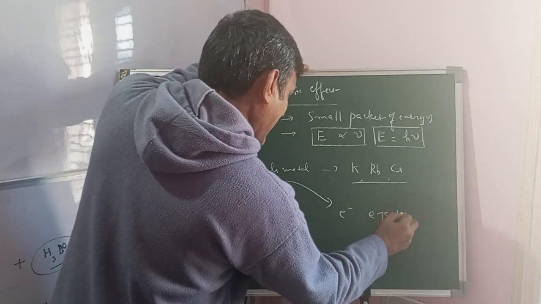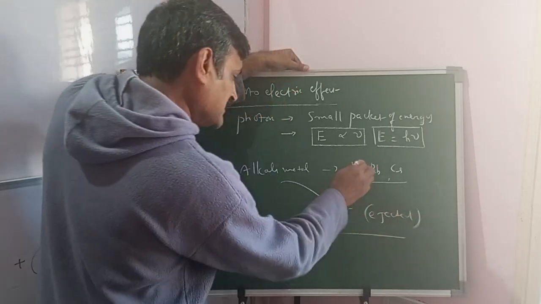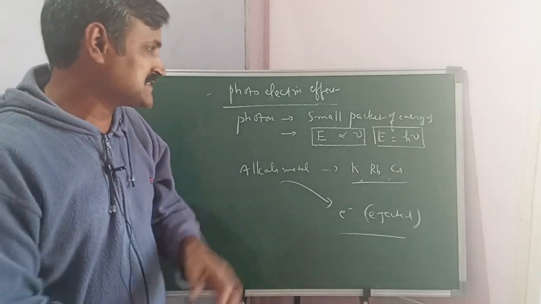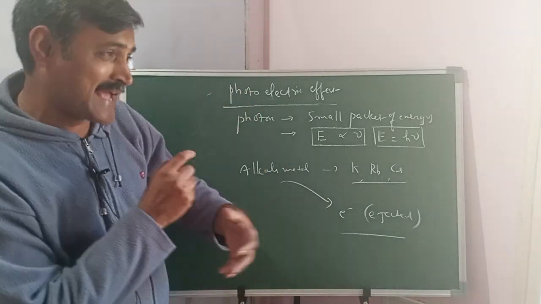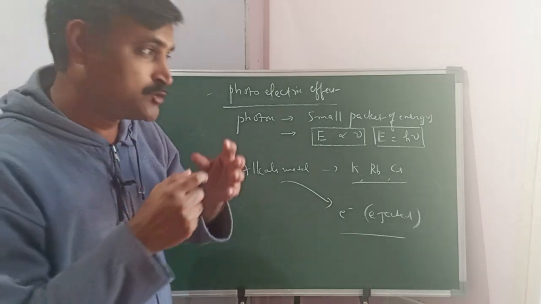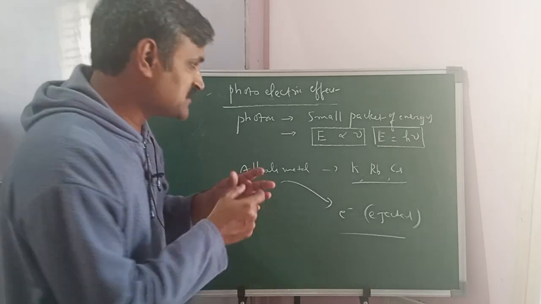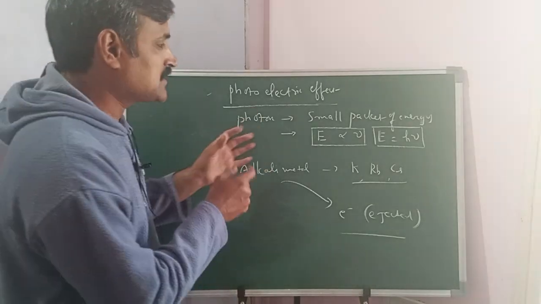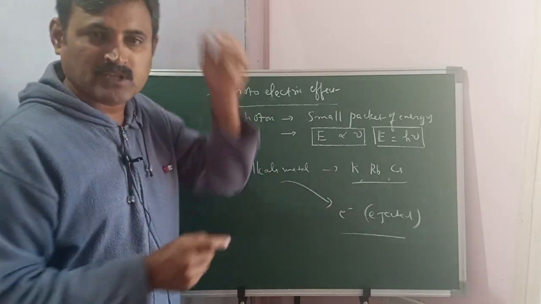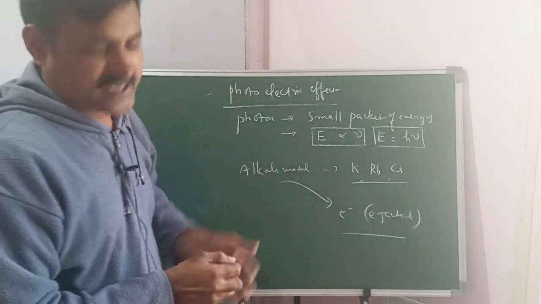Electrons will be ejected from their metal surfaces. It is a simple concept called the photoelectric effect, but it has a mathematical meaning and numericals also come from it, given by Einstein's formula, which we will check.